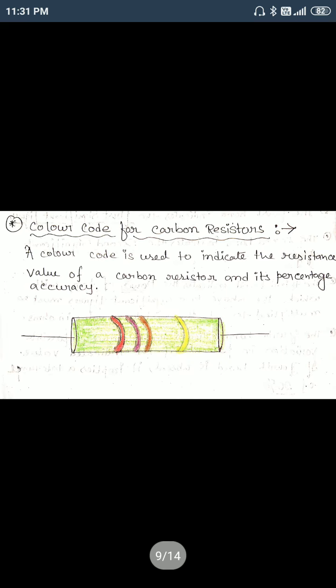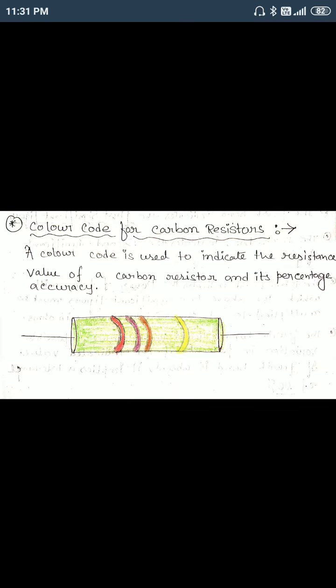Now we discuss the color code of carbon resistance. If you see the resistor, some bands are drawn on it, and those bands or rings have some meaning that we study now. What is the meaning of those colors?